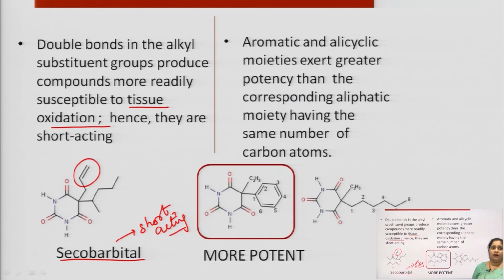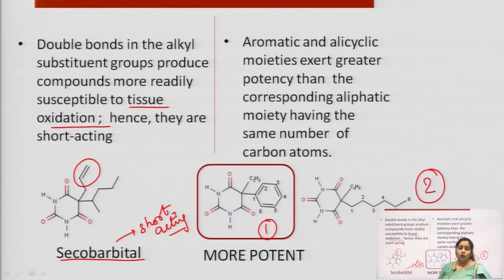Now, if we compare the aromatic compound with the alicyclic compound, aromatic and alicyclic moieties exert greater potency as compared to common aliphatic compounds, even if they possess the same number of carbon atoms. For example, take compound number 1 and compound number 2.